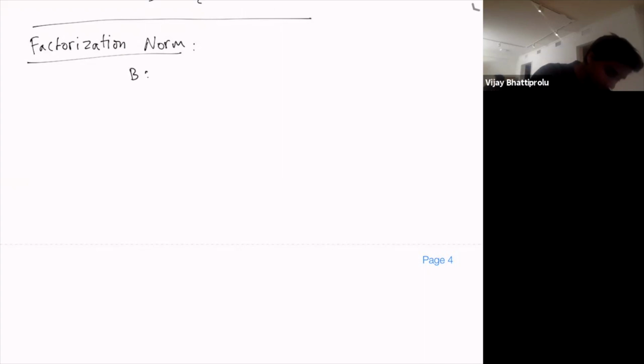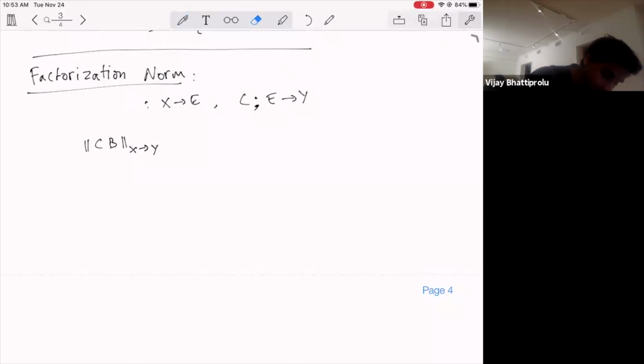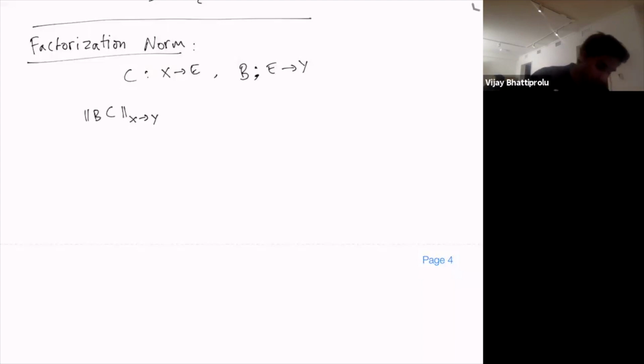Let B map, let's say, space X to a space E, and let C map space E to a space Y. Then one can check that the operator norm of C times B from X to Y, okay, I flipped things around, so let me fix that, is at most the operator norm of B times the operator norm of C. That is, B from E to Y times C from X to E.